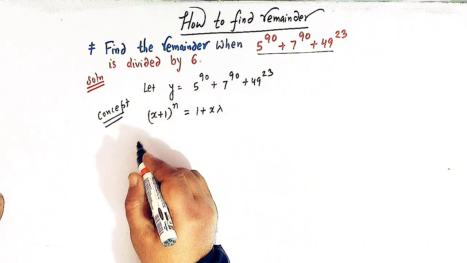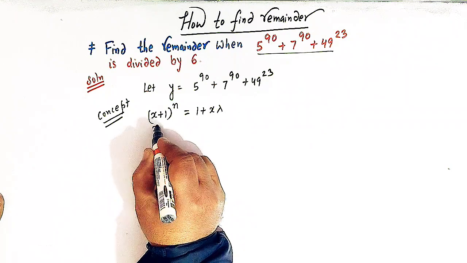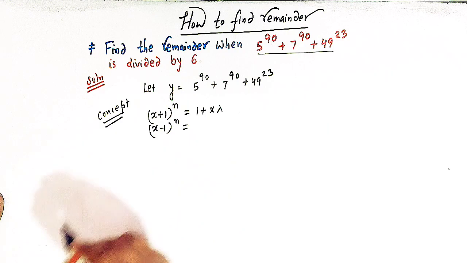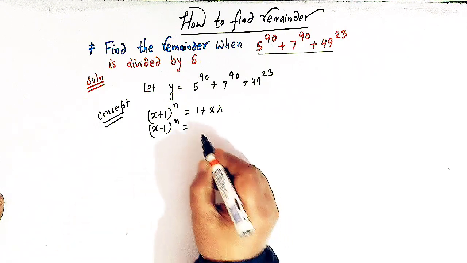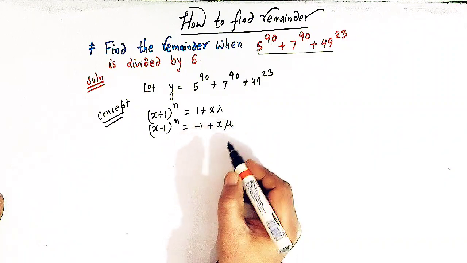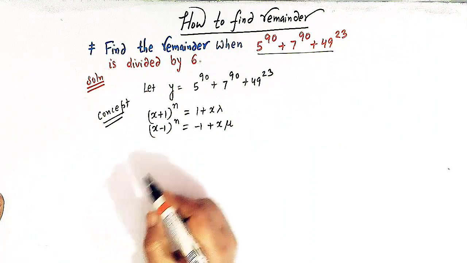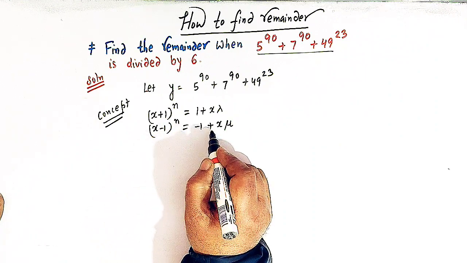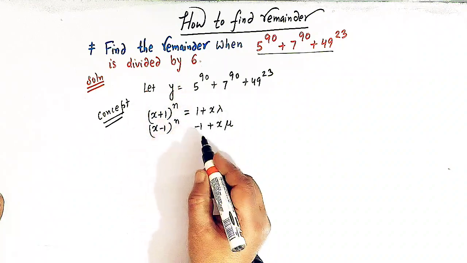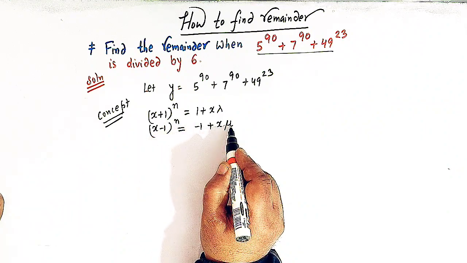Similarly, when we express a number in the form x minus 1 raised to n, it can be written as minus 1 plus x times mu, where mu is again a positive integer. Here we have two cases. When n is an odd positive integer, x minus 1 raised to n may be written as minus 1 plus x times mu.